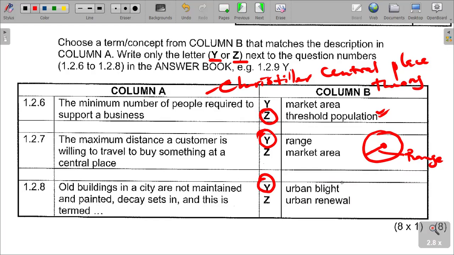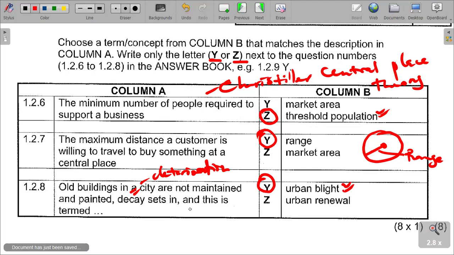Urban blight identifies a phenomenon in settlement pattern and settlement management, whereby old buildings in a city are not maintained and painted, decay sets in, they lose value, and deteriorate.